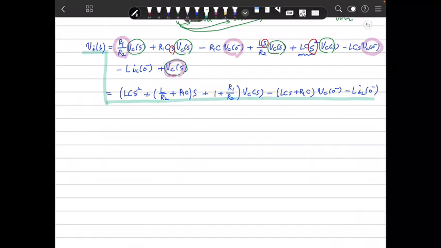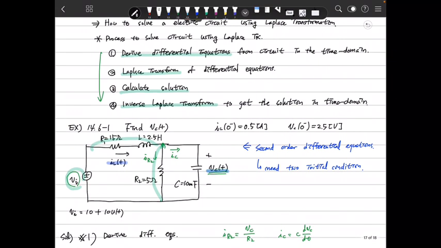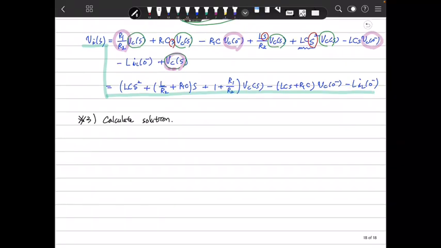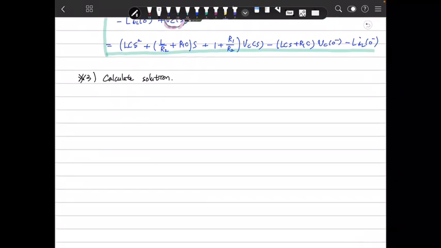So these are the Laplace equations from the circuit describing the equation in the time domain. Okay, then step 3. Step 3 means first, second, and this is step 3: calculate the solutions from the Laplace equation. So we get some solutions.